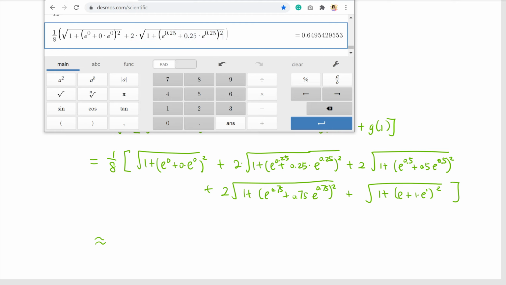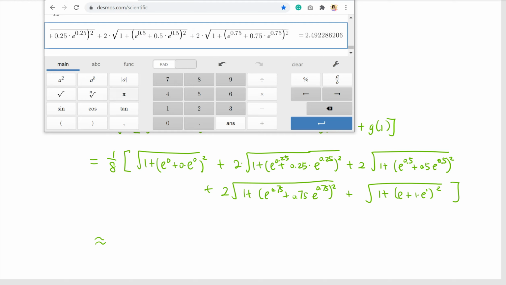And here, same thing, but delete the 2 because it's 0.5, right? And then copy the same thing and paste, and the 0.75, 0.75, and 0.75. The last one is the square root of 1 plus, you can also type the same thing and then replace it by 1, right?